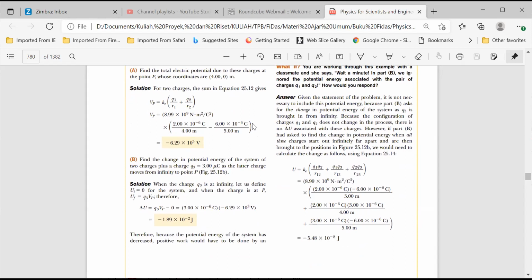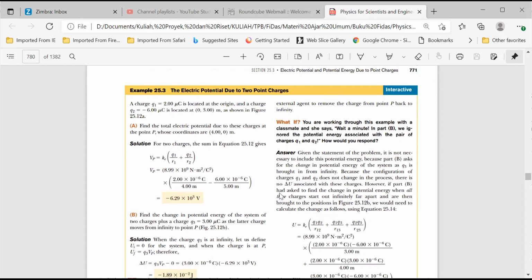The potential energy for a three-charge system is Q1 Q2 over R12 plus Q1 Q3 over R13 plus Q2 Q3 over R23. This should be minus 5.48 times 10 to the minus 2 joule. Okay, any question?